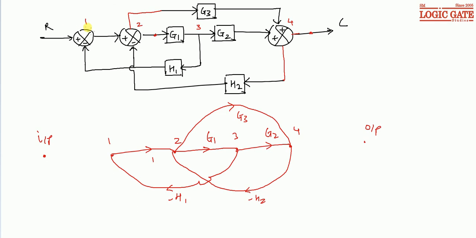Now between input node and first node, nothing is connected, so this gain is 1, and between fourth node and output node, nothing is connected, so gain is 1. So that's how we draw the signal flow graph. Now by using the Mason's gain formula, we can find the closed loop transfer function.